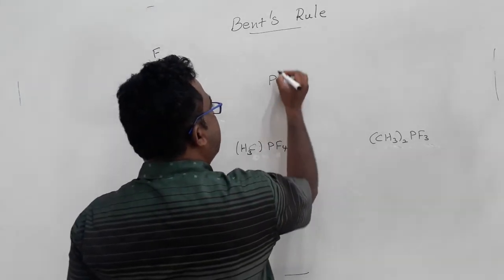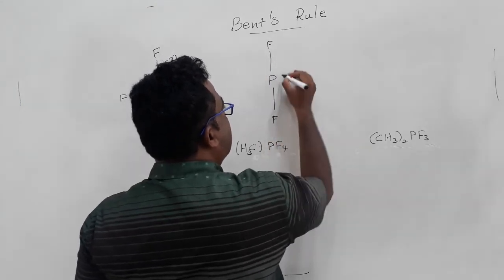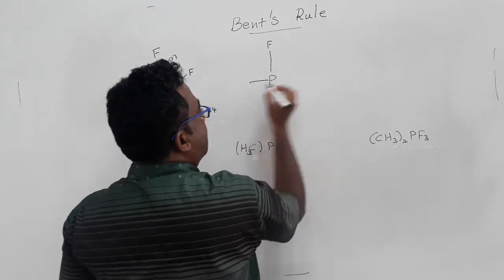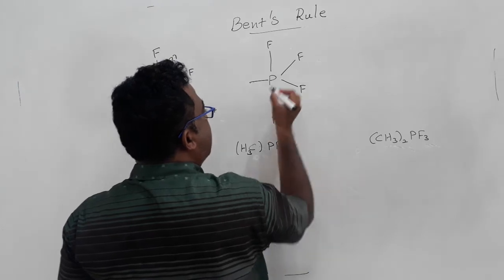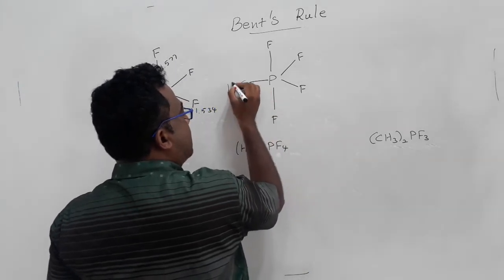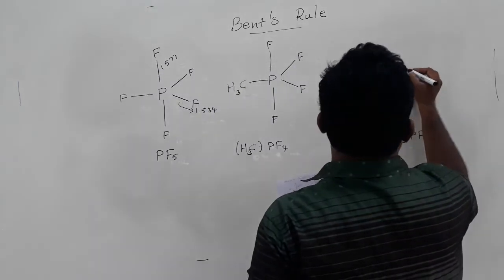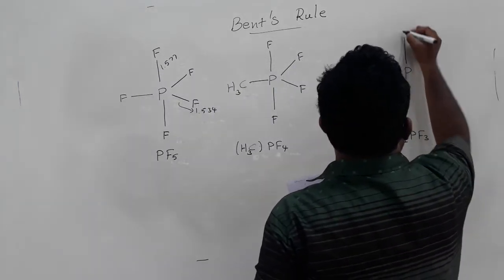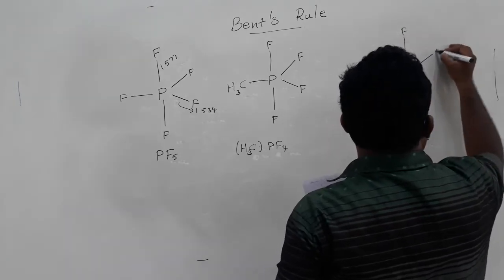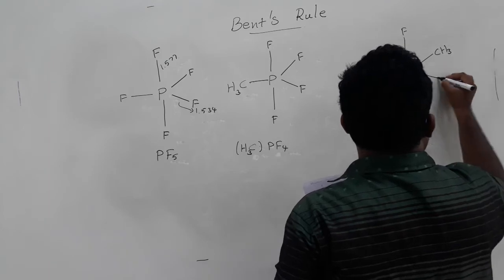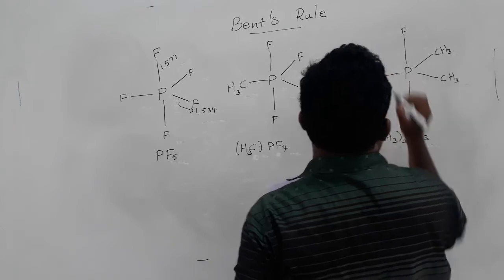So first of all we have to fill fluorine atoms in the axial side, then in the equatorial side. The last one will be the methyl group in the equatorial side. Similarly, for the dimethyl compound, first of all fluorine should go to the axial side and the two methyl groups should be in the equatorial side. The last fluorine will be in the equatorial side.